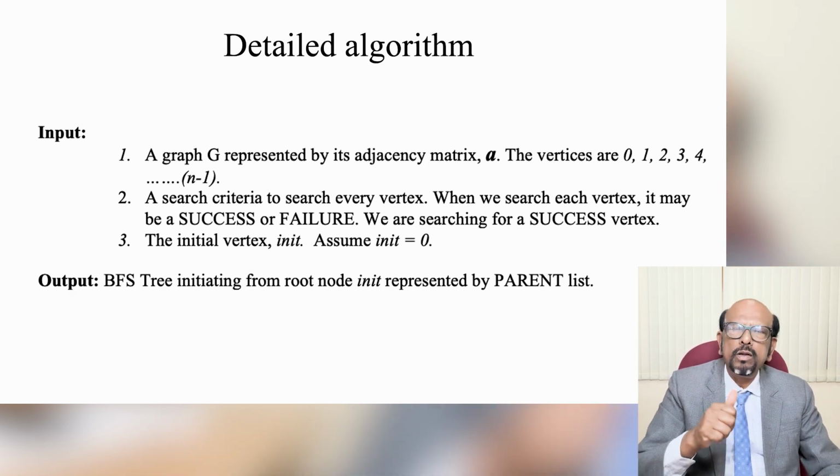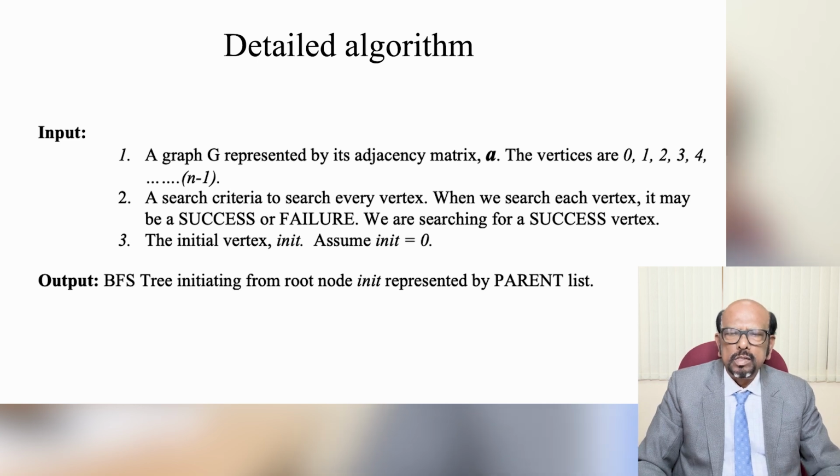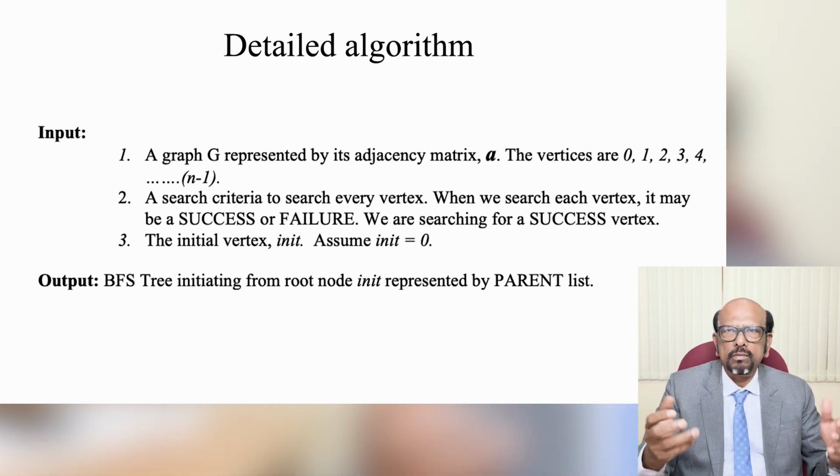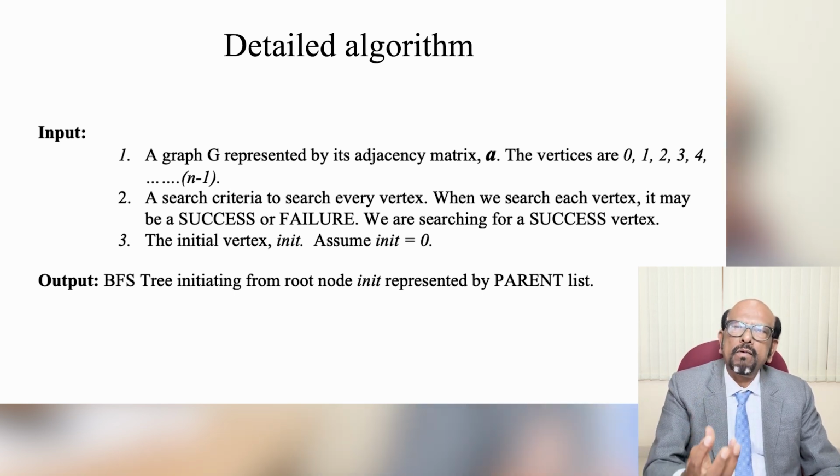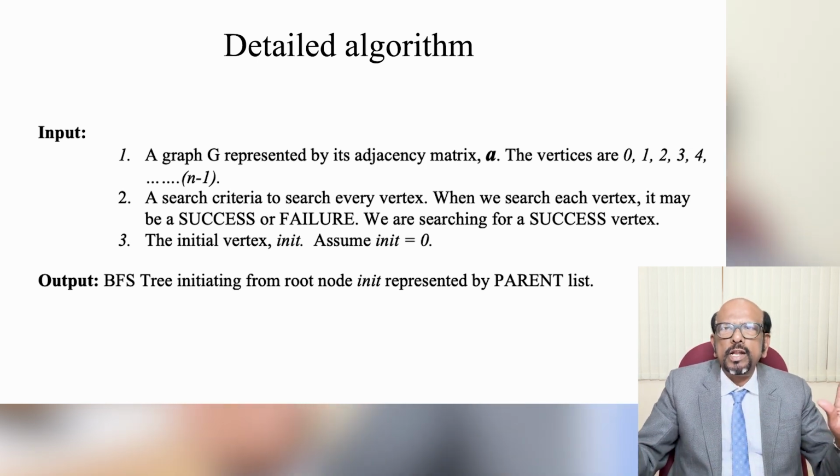That is the input. Number 2, a search criteria to search every vertex. When we search each vertex, exploring, it may be a success or failure. For each node, either the solution is available or not. In the previous example, we assumed that you know where the solution is available.